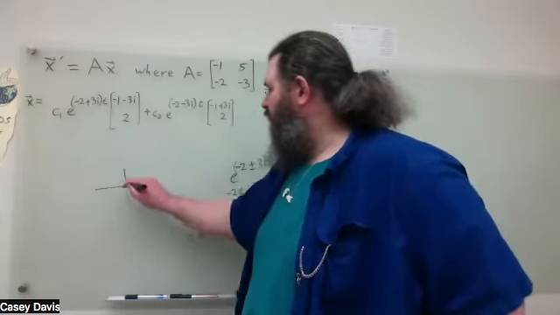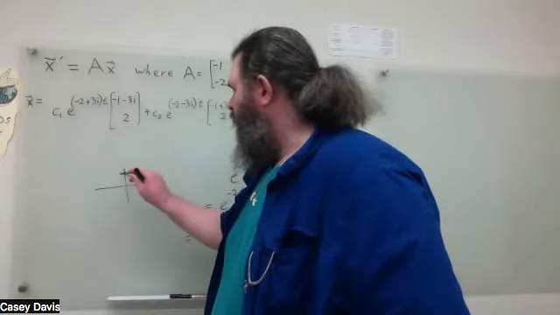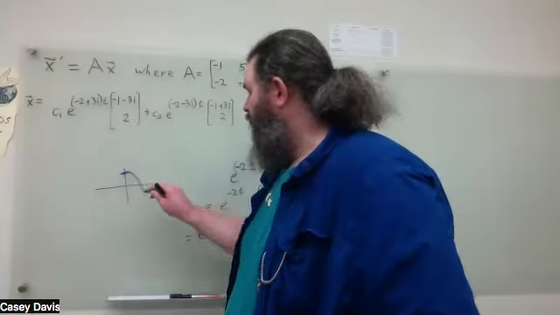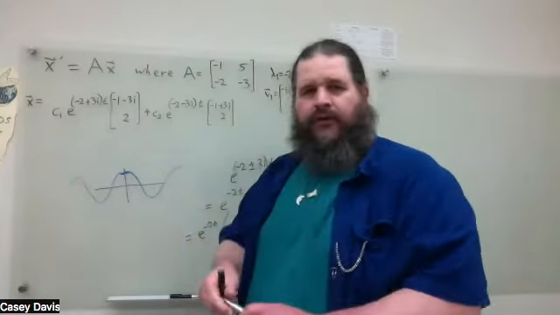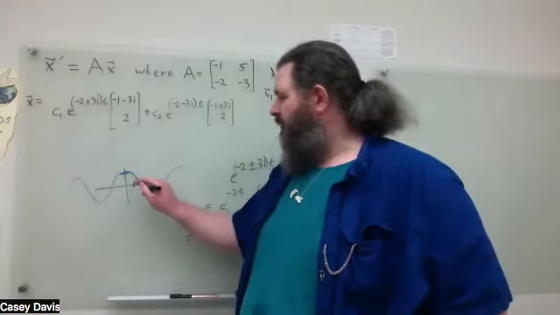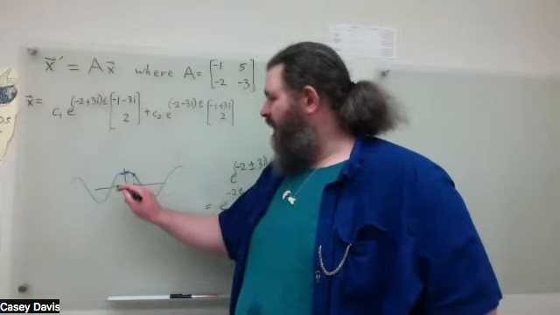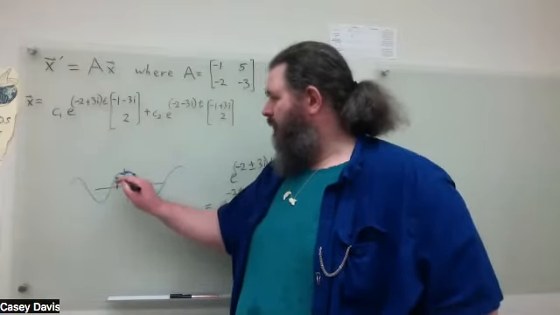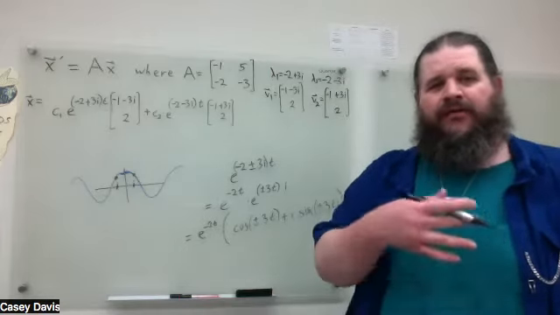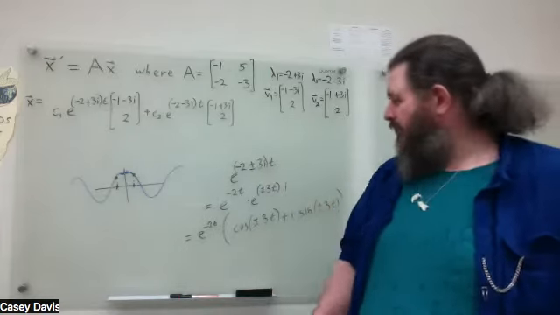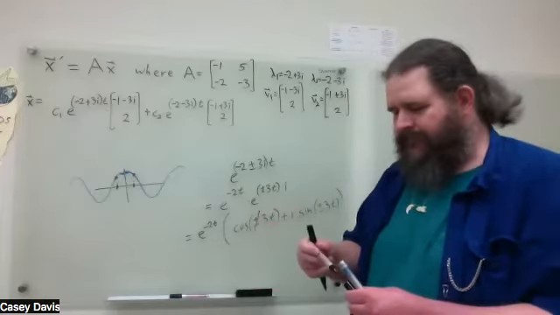Because if you take a look at a graph of cosine, the graph of cosine is 1 when we're at t equals 0, and then it's symmetric around that. So if you plug in some value of the angle, you get the value of the cosine of that angle. If you plug in the exact opposite of that angle, the cosine is the same result. So cosine of theta and cosine of negative theta give you the same result. So plus or minus doesn't even matter. We can ignore that plus or minus there.